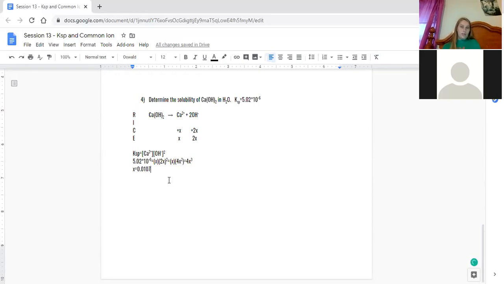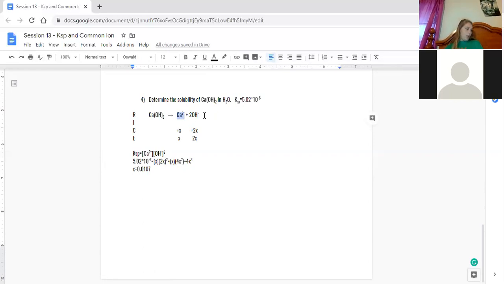And so that's the x value we're going to come up with here. What we can do is plug that x value in here and here, and that's going to be equal to the solubility for this here. So it's going to be equal to the molarity of this and this, because both of those would be x.